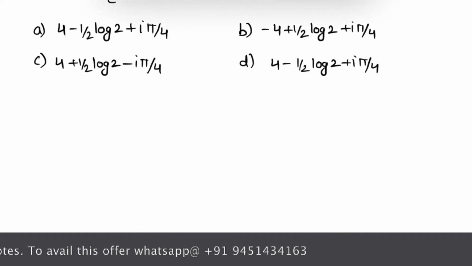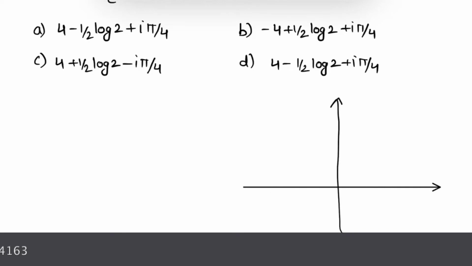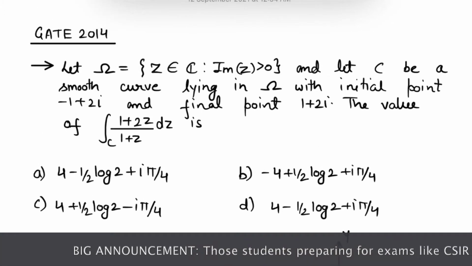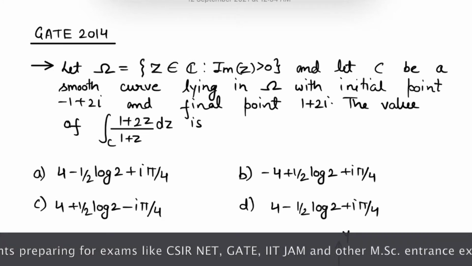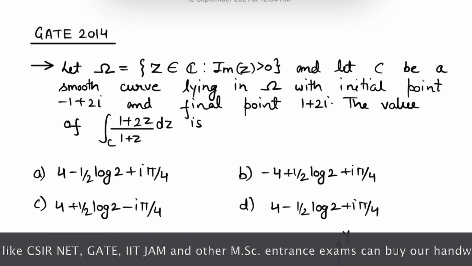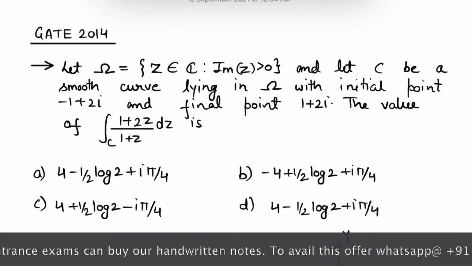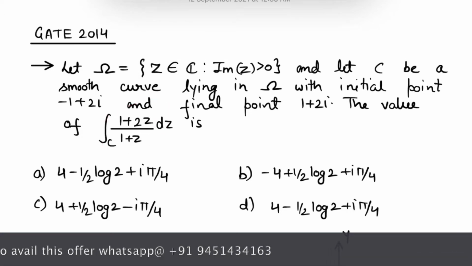That means we are talking about this yellow color region, and then we have a curve C lying inside this region omega. The initial point of this curve C is minus 1 plus 2 iota and the final point is 1 plus 2 iota. Then we have to integrate this integral along the curve C.